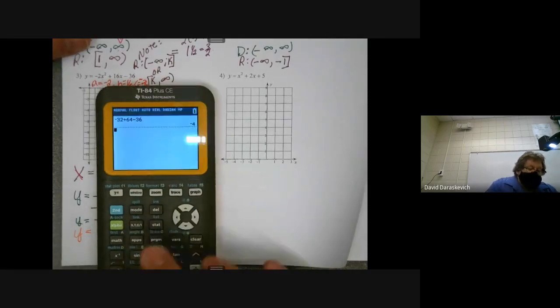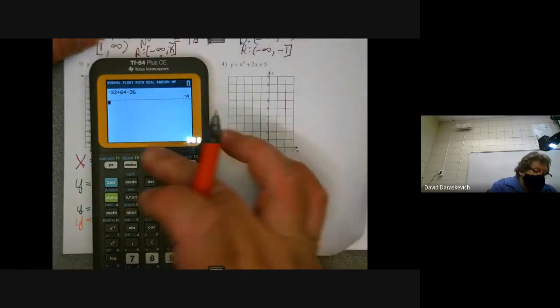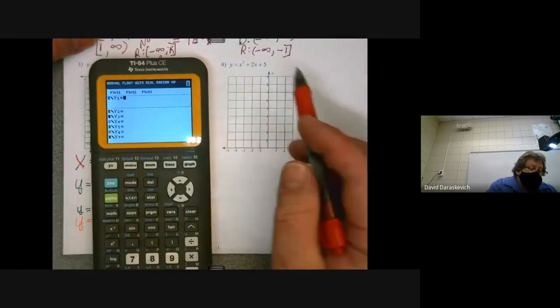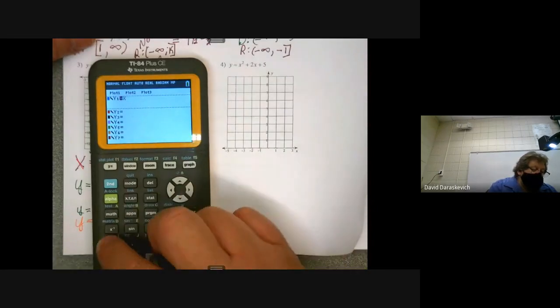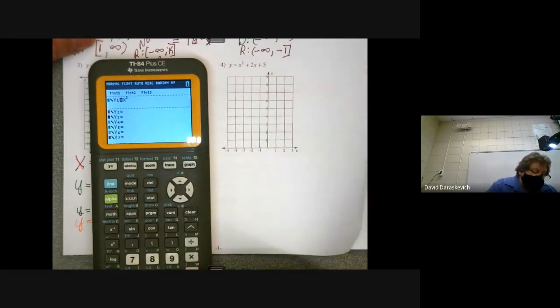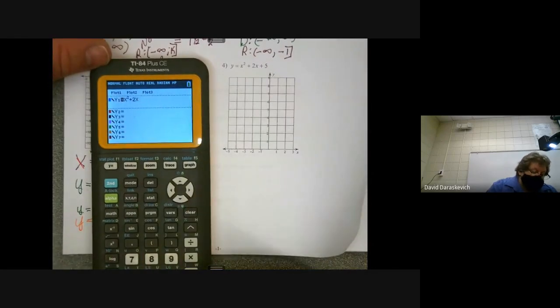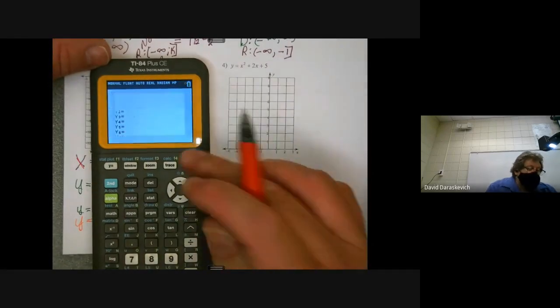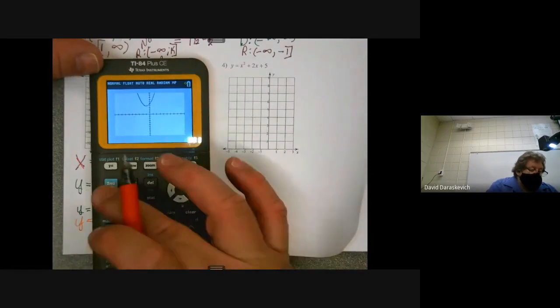I'm going to put this in my y equals button, number 4. And I've got x squared plus 2x plus 5. I'm going to graph it. I'm going to go to my chart.